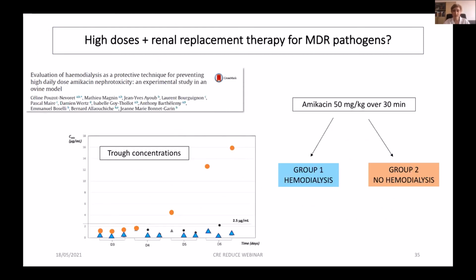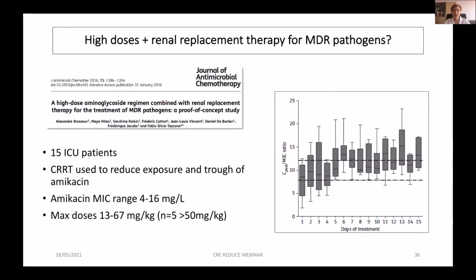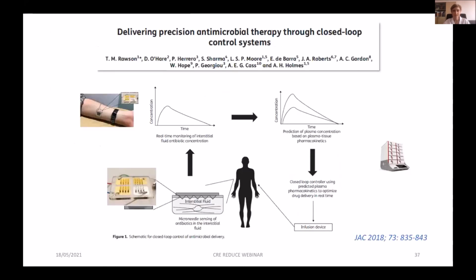You can see here data from an experimental ovine model showing that we can maintain the trough concentrations below the thresholds with hemodialysis. We also have some data from humans in ICU patients with the use of CRRT to reduce exposure when treating pathogens with quite high amikacin MIC, as you can see here. Very high dosing regimens were applied, up to 60 milligrams per kilogram.